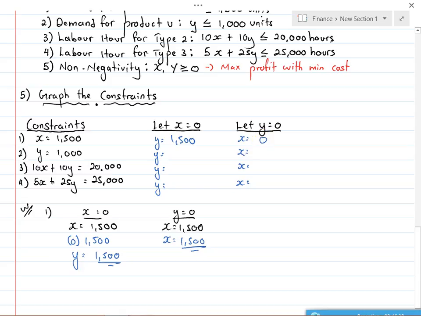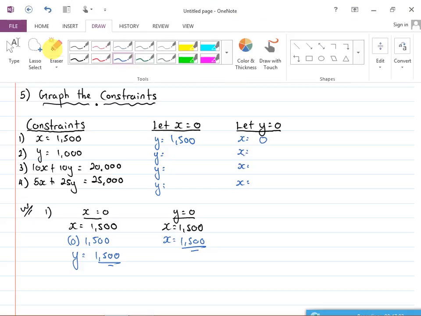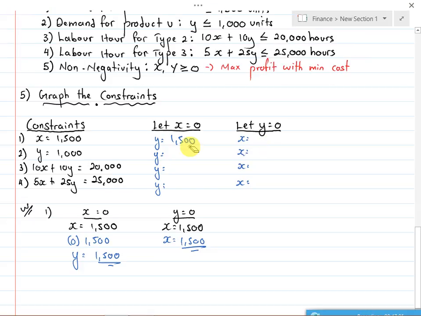See again, confused already. Simple one, right?